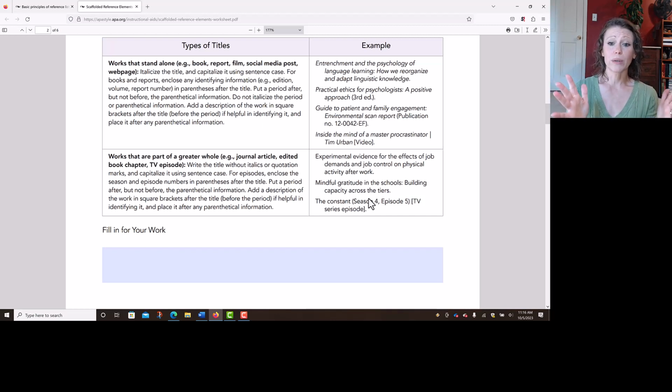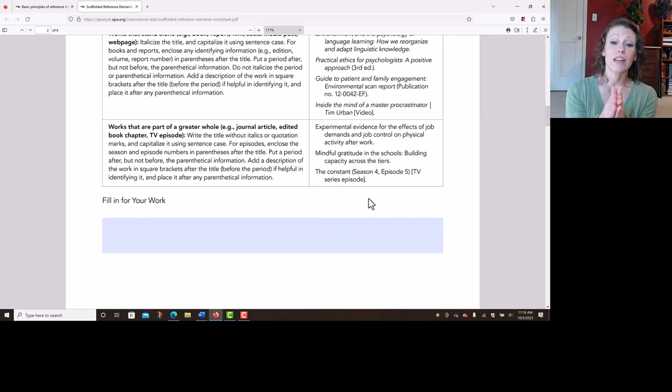Once you have your title written, then you would put a period at the end to mark the end of this element. Now, note that if you are citing a TV episode, for example, you would put the title of the episode and then in parentheses the identifying information. So this would be the season and the number, comma, and then the episode and number. And then you close the parentheses.